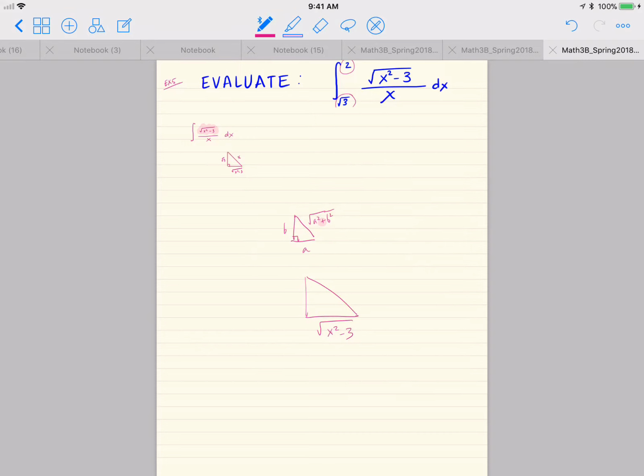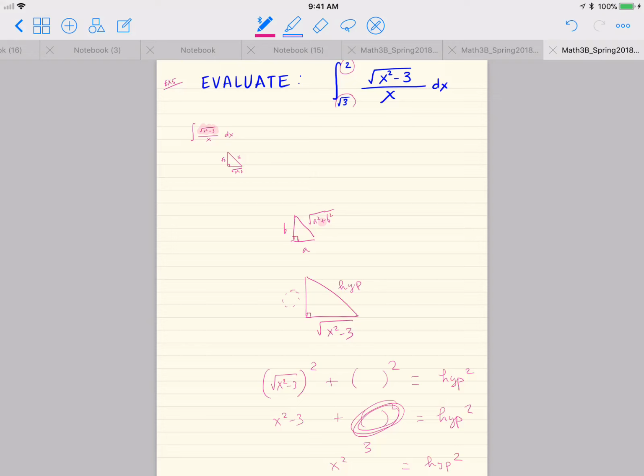And uncomplicated, really. So I say, okay, the square root of x squared minus 3, squared, plus the other leg squared equals my hypotenuse squared, right? When I square the square root of x squared minus 3, I get x squared minus 3, plus something squared, equals hypotenuse squared. It'd be perfect if this something squared were equal to 3, so that I'd have x squared minus 3 plus 3. Then I'll have x squared equals hypotenuse squared, and I'll just let my hypotenuse be x.